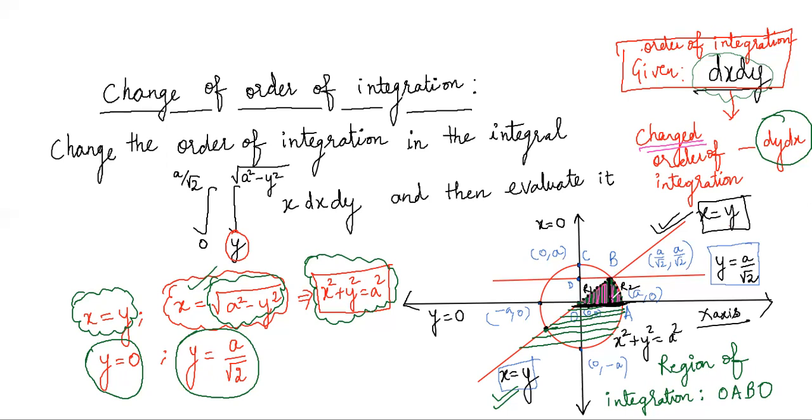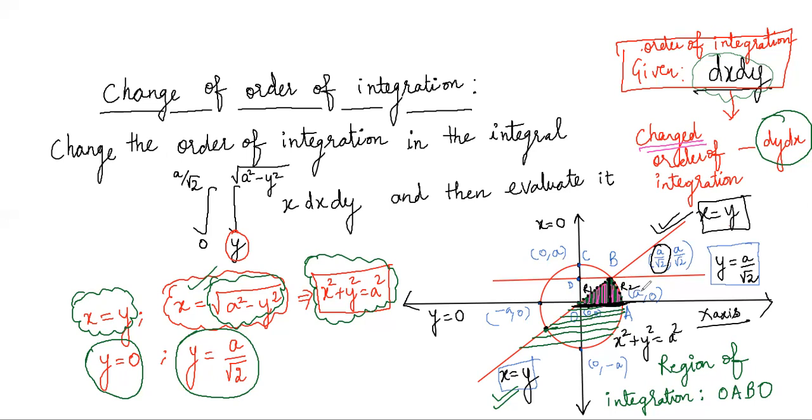And at this point B, what is x? x is a by root 2. So for the region R1, the limits of the outer integral, the limits of x, will vary from 0 to a by root 2.